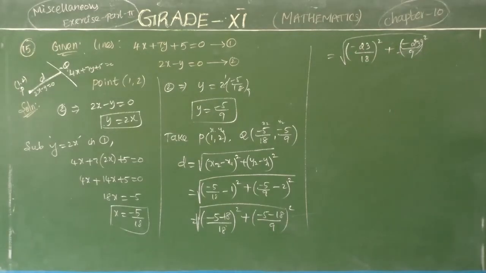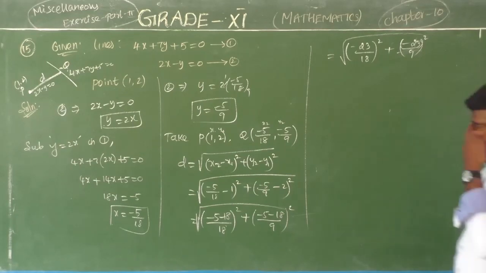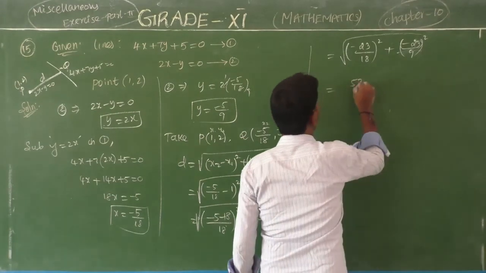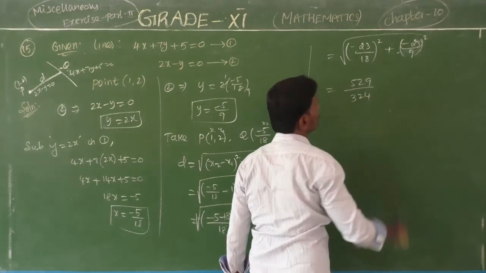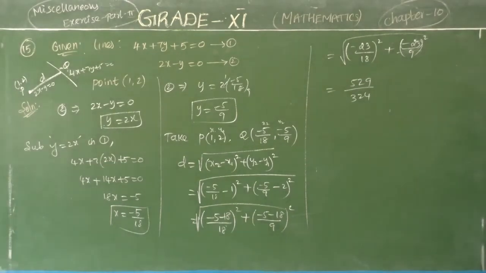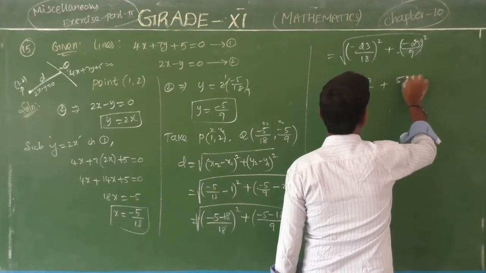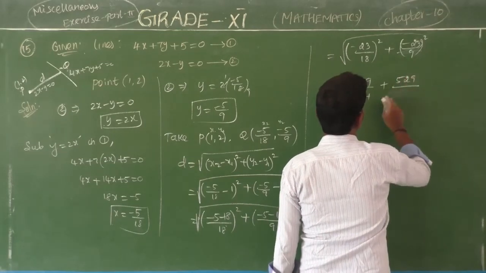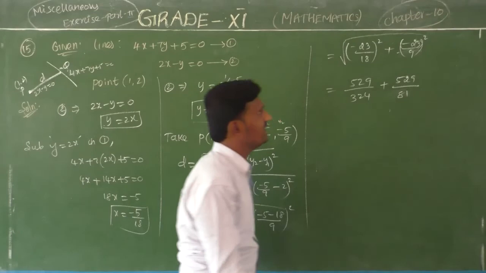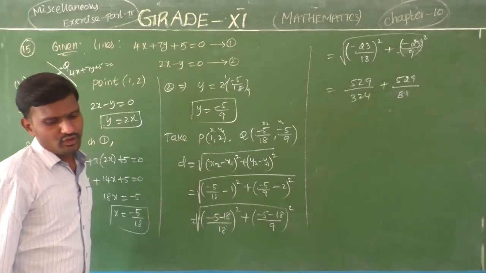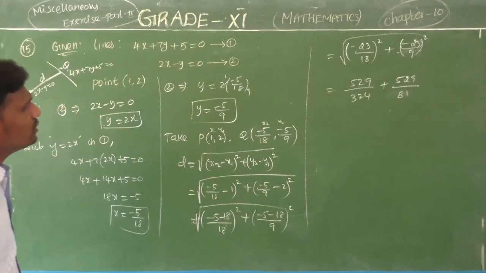Okay, now 23 into 23 is 529. So 18 squared is 324. So 324 plus the same 529, the whole divided by 81.